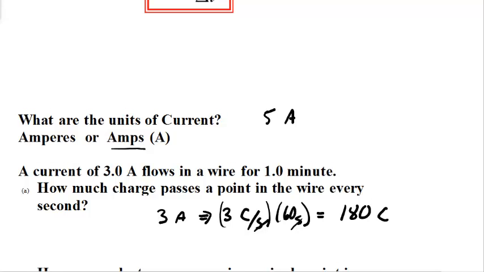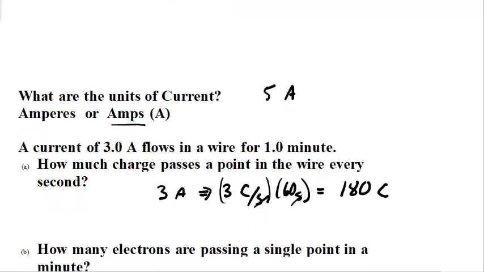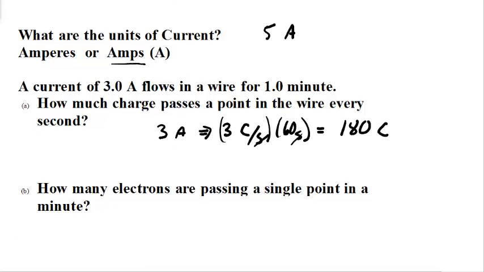Now if we want to see how many electrons are actually going by in a single minute, what we can do is we say the number of electrons is, we have 180 coulombs in 1 minute, and we divide this by the elementary charge, 1.6 times 10 to the negative 19.